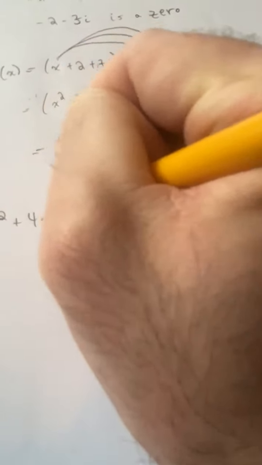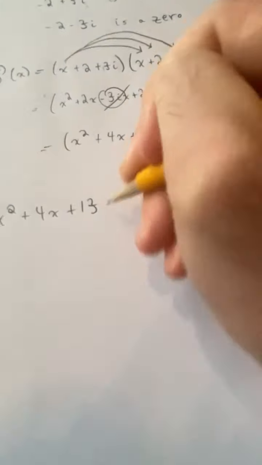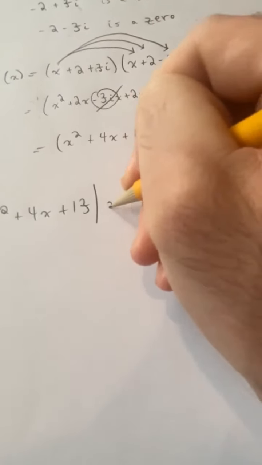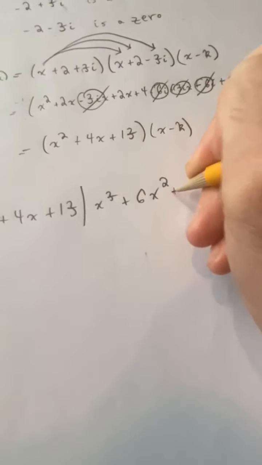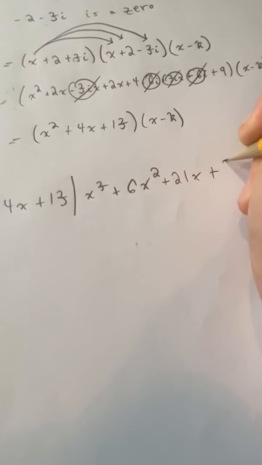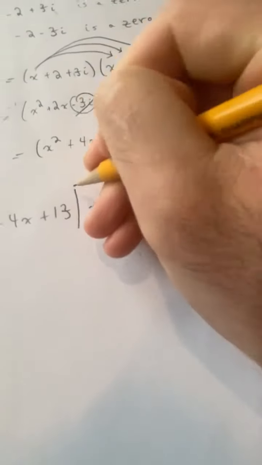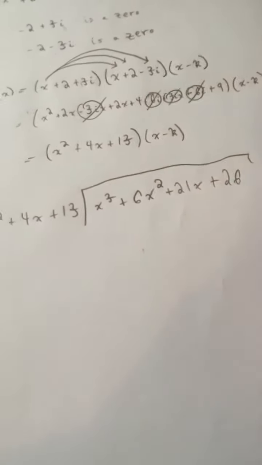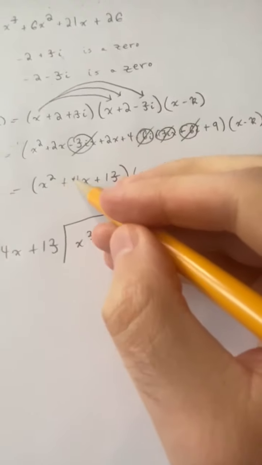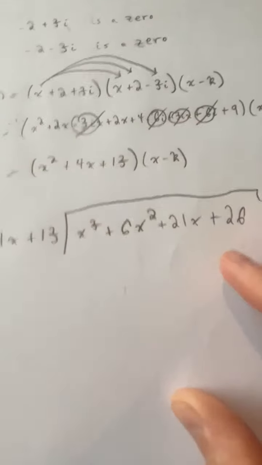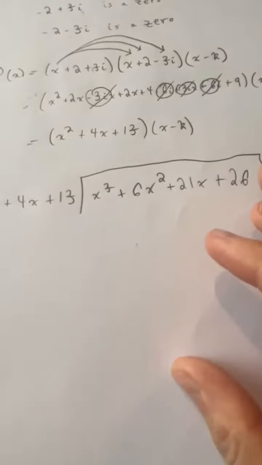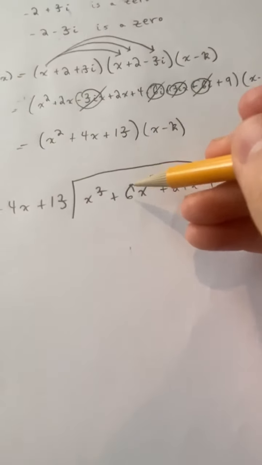We're going to divide x squared plus 4x plus 13 into our original polynomial, x cubed plus 6x squared plus 21x plus 26. The reason we're doing this is because we effectively know that this polynomial is evenly divisible by this quadratic. All that remains is to see what the quotient is.